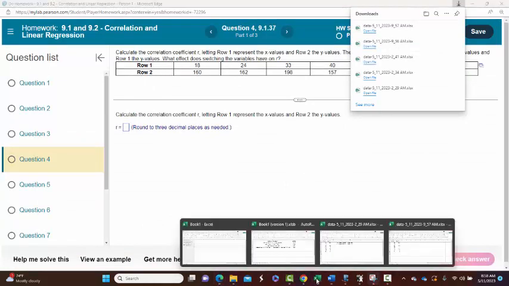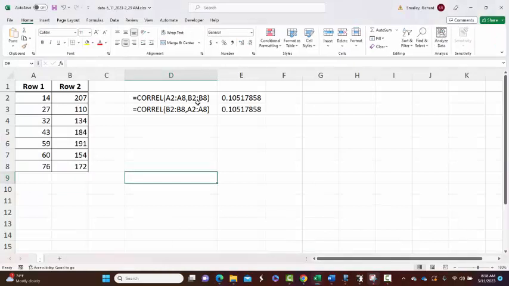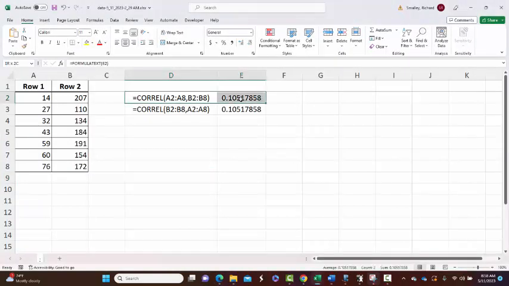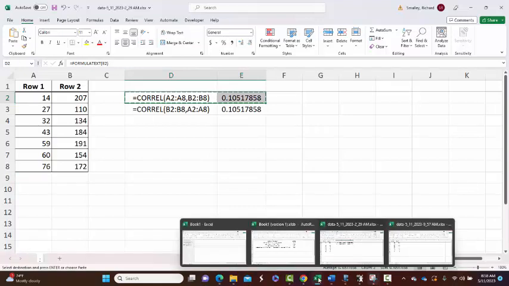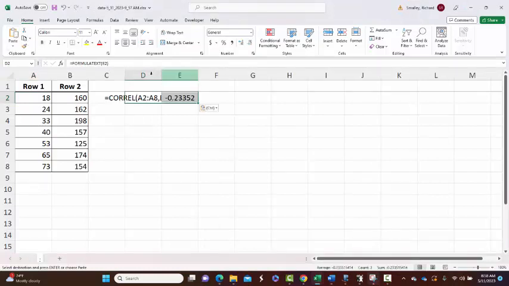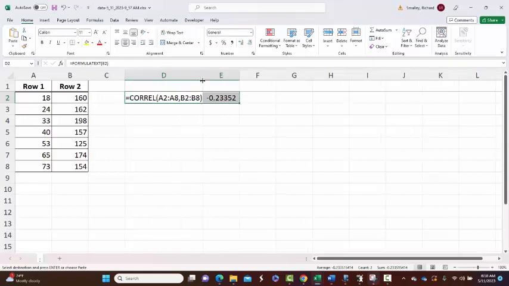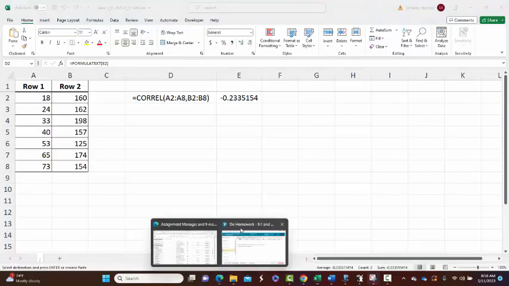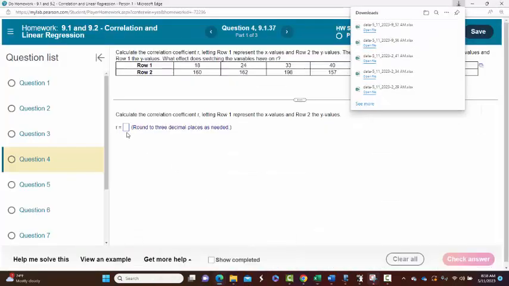All right, I did this earlier, so I'm going to copy this right here over to right there, and let's see what that looks like. Let's see what it wants, how many decimals it wants. 3, I think. Negative 0.234.